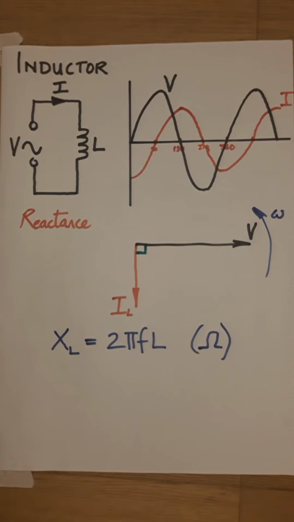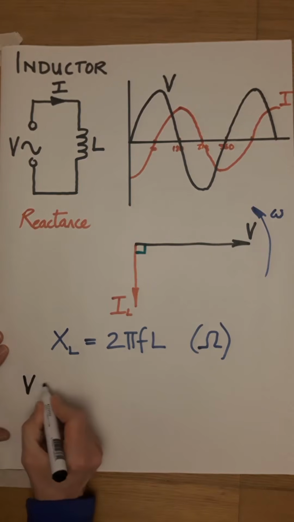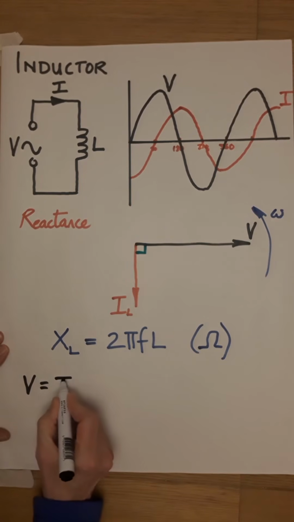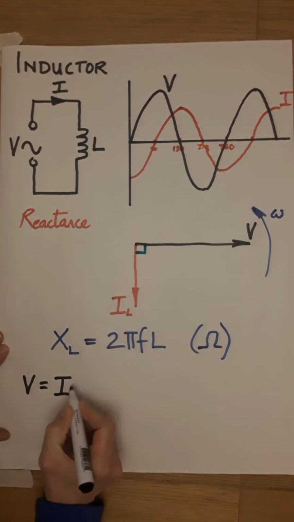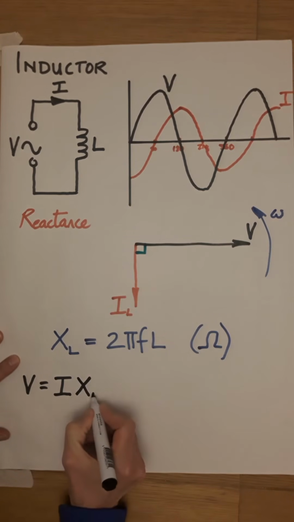Fortunately, Ohm's law still works. So Ohm's law, V equals I times R. But it's not R because we have an inductor, it's XL.